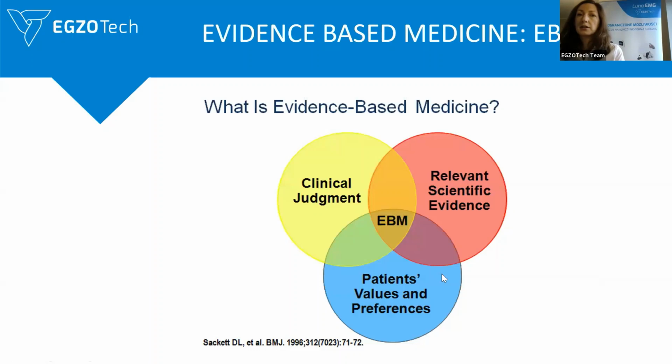So what actually is evidence-based medicine? It combines the clinical judgment made by the clinician, by the specialist, with relevant scientific evidence, which you can find in many research databases, which I will also talk about a little more, and also takes into account patients' values and patients' preferences.